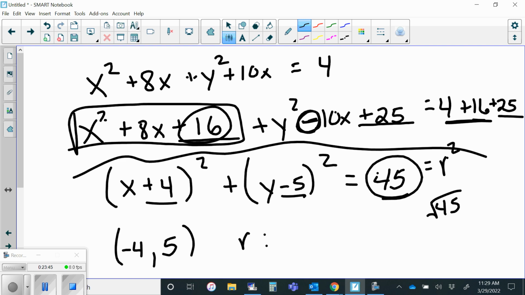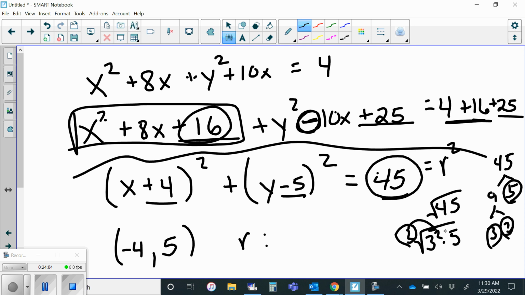45 can be written as 5 times 9, 3 times 3. And so it can be written as the square root of 3 squared times 5. This is what we've practiced in the past. How many times does 3 go into 3? So I get 1, 3 out.